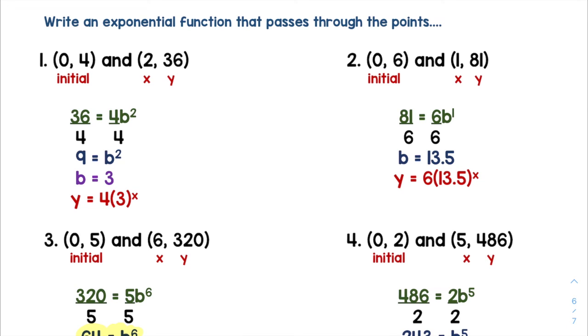Similarly, problem 4, we're left with 243 equals b to the 5th. If we take the 5th root of both sides of the equal sign, we would get that the number times itself 5 times to get 243 is 3, in which our exponential function is y equals 2 times 3 to the x power.